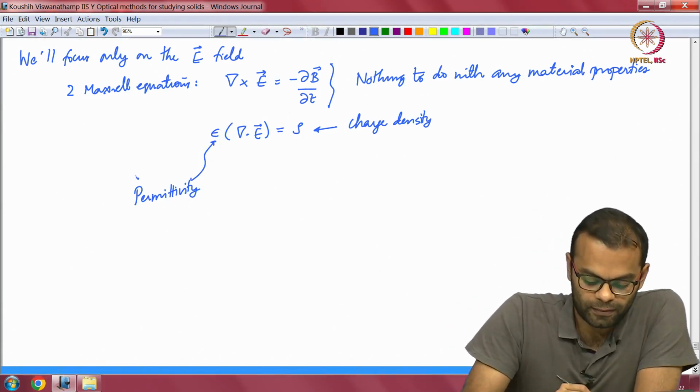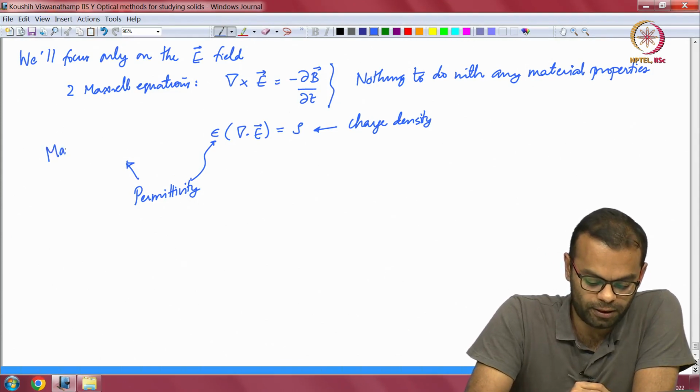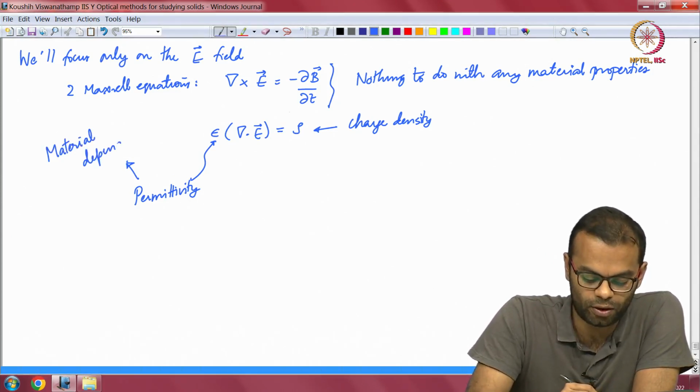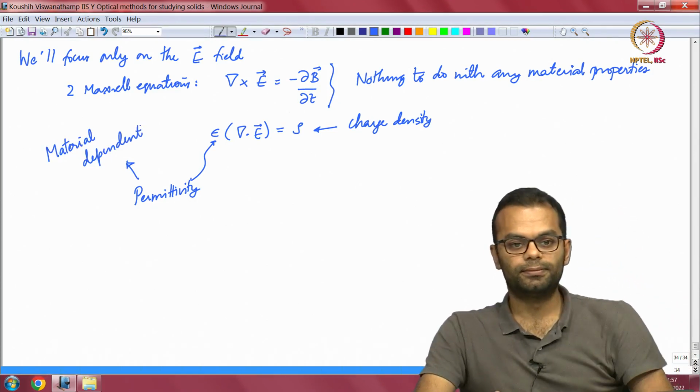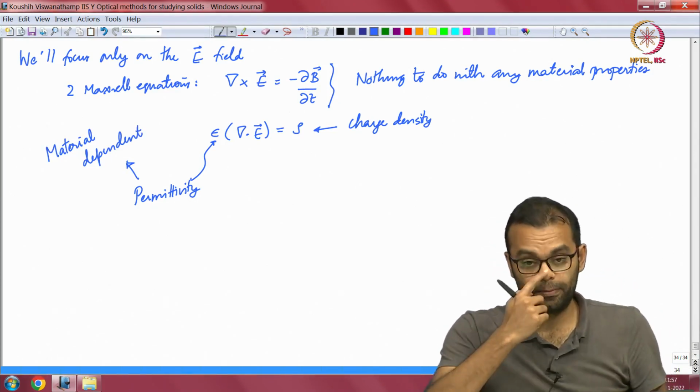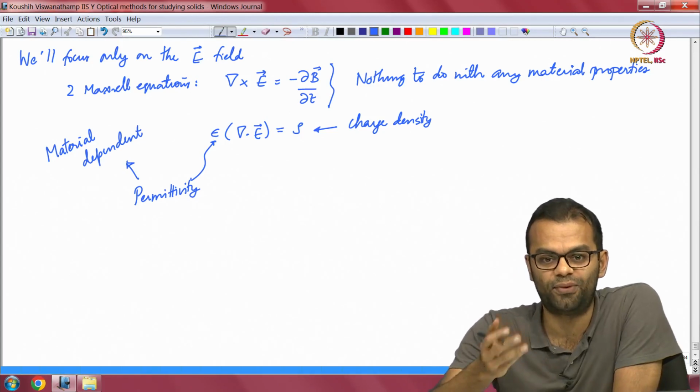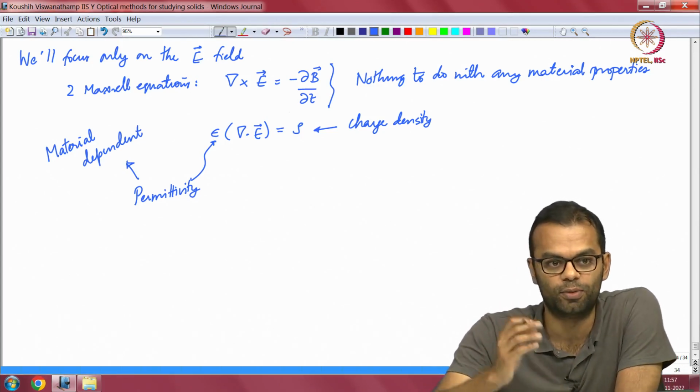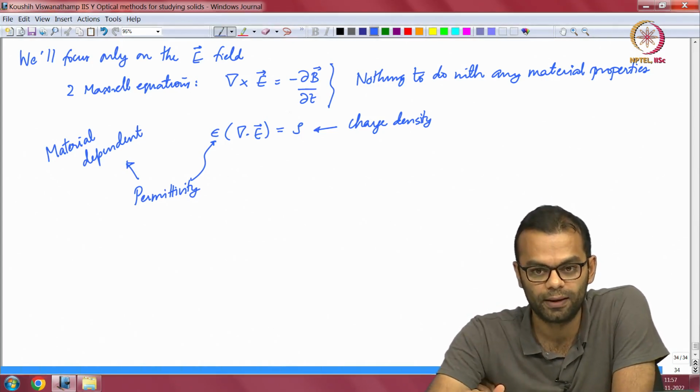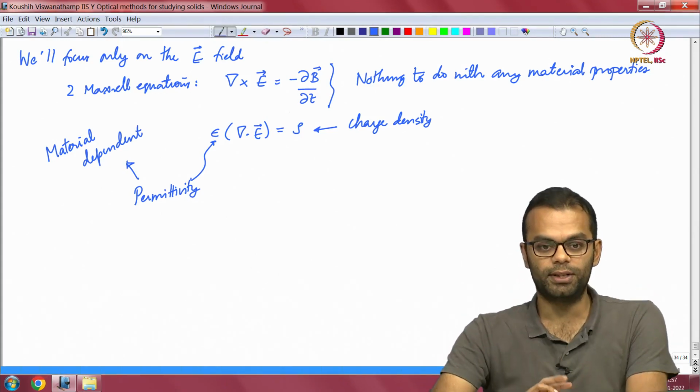The permittivity of course is a material parameter, so it depends on which material you are talking about. This charge density is like a free charge density. For our case it is 0 because we do not have any free charges floating around, okay. So, these are the only two Maxwell equations we have to worry about.